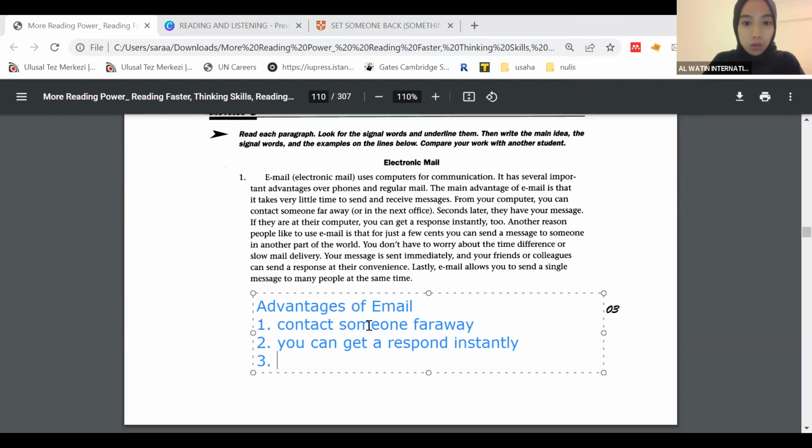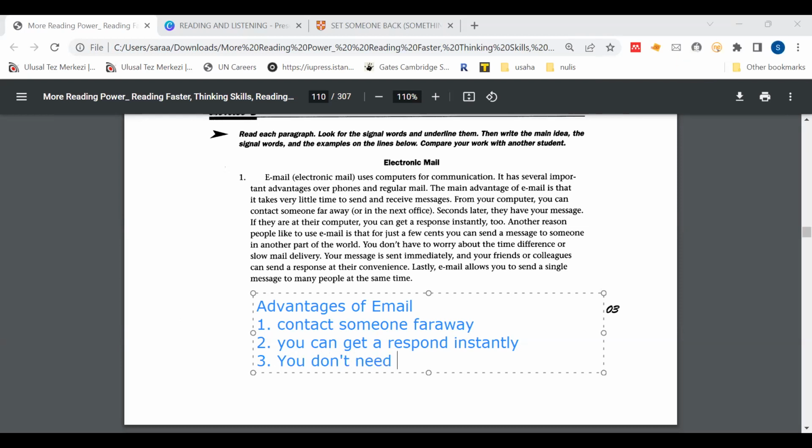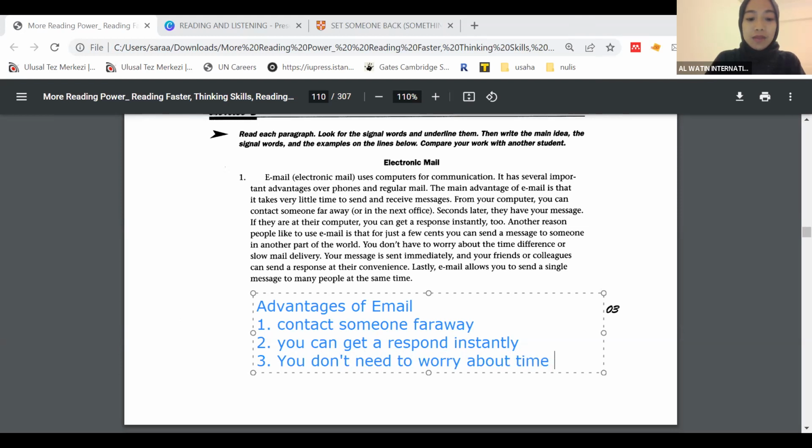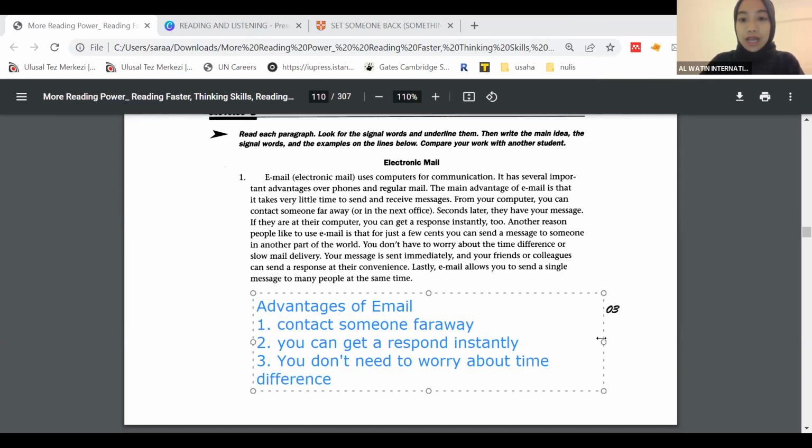Contact someone far away, correct. And also, I think the third one is about you don't have to worry about the time difference or slow mail delivery. About time difference. Great. What about the last?